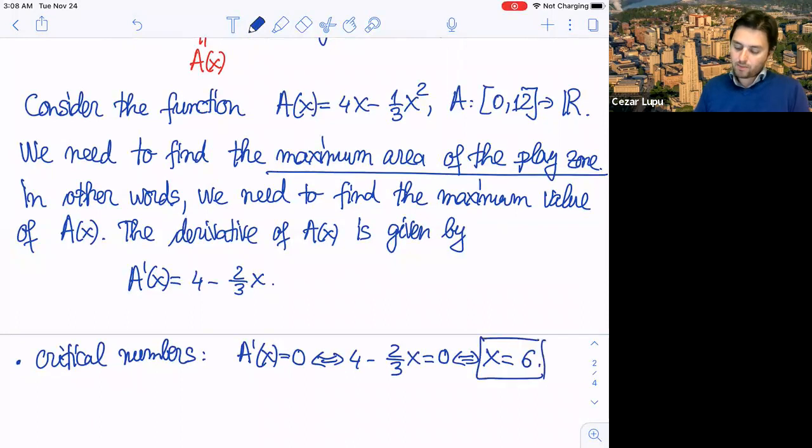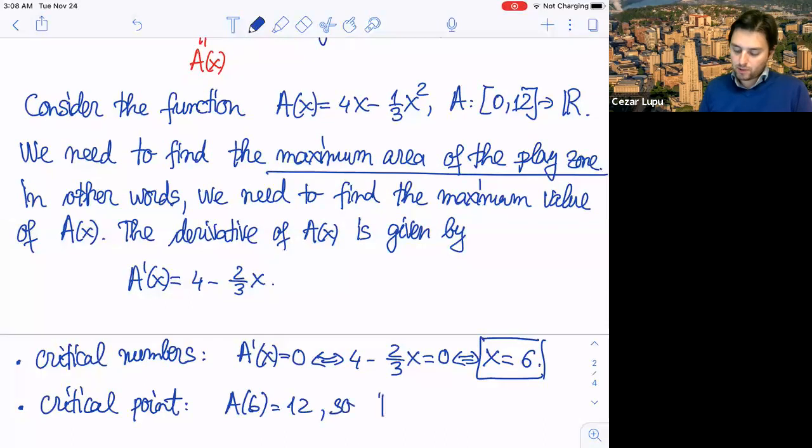So that's the critical number, x equals 6. And now the critical point: we have to compute A of 6, which gives us 12. So the point with coordinates (6, 12) is a critical point.